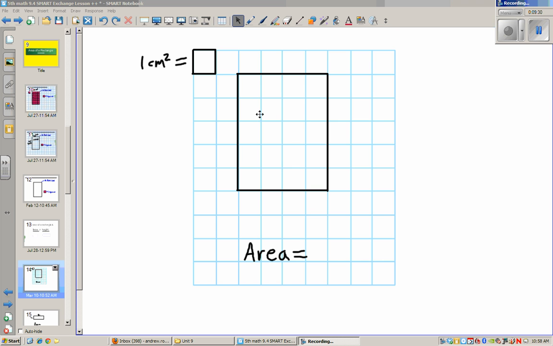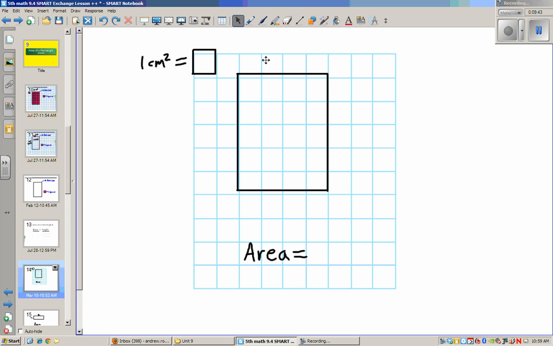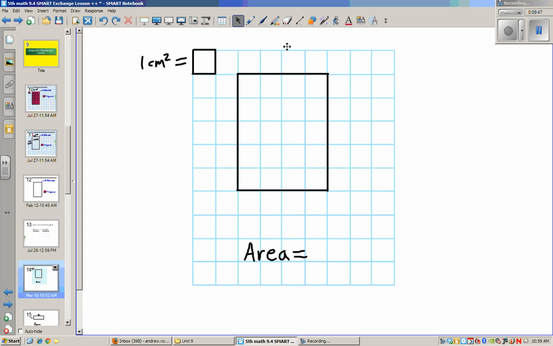I'm going to do one more example here. Here's another rectangle, and we're calling these square units centimeters squared. So I've got 1, 2, 3, 4. So this side is 4 centimeters long, and this side is 1, 2, 3, 4, 5.